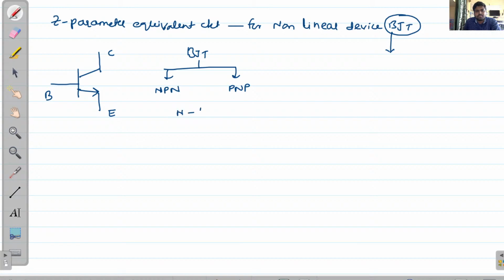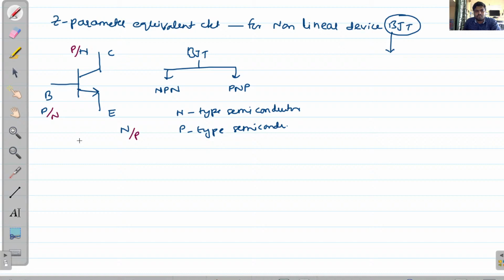Here N means N type semiconductor, P means P type semiconductor. So you can apply NPN, otherwise PNP. Just remember this NPN and PNP, and focus on the collector, base, emitter terminals of this transistor.